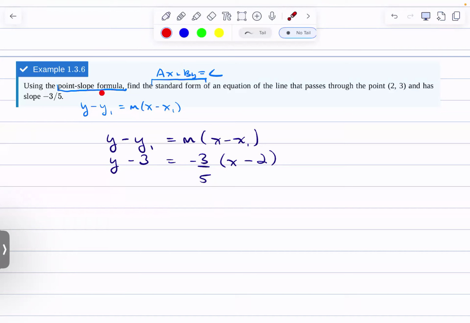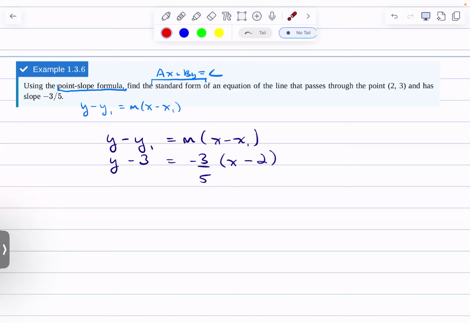We've done it halfway. Now we want to rearrange into standard form. But we've got this fraction, and no one likes fractions.